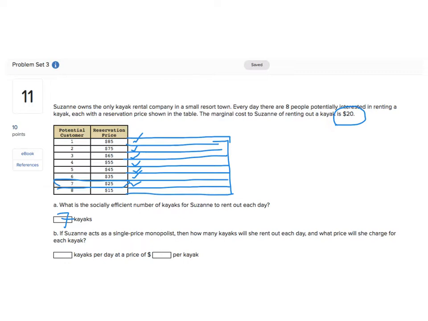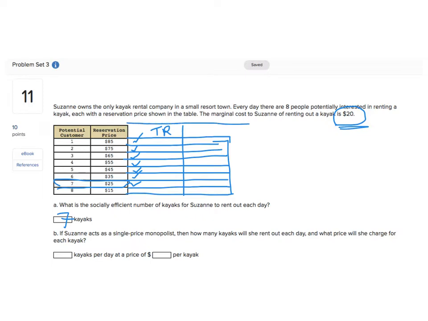Any kayak that yields marginal revenue less than 20 should not be rented from her profit maximizing point of view. Notice that her profit maximizing point of view is not the same as the social optimum rule, but it's the Suzanne optimal rule.